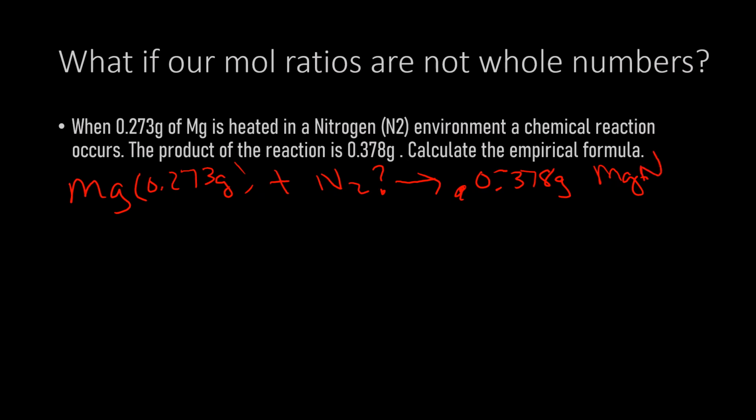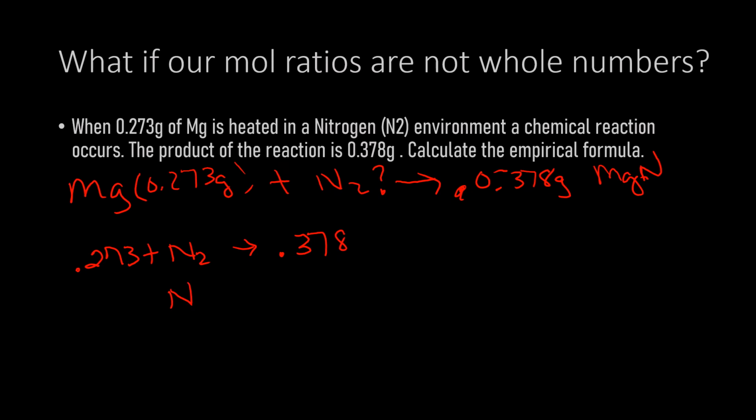Okay, so the law of conservation of mass says that whatever mass I start with, I have to end with the same mass. So 0.273 plus N2 is going to yield 0.378.